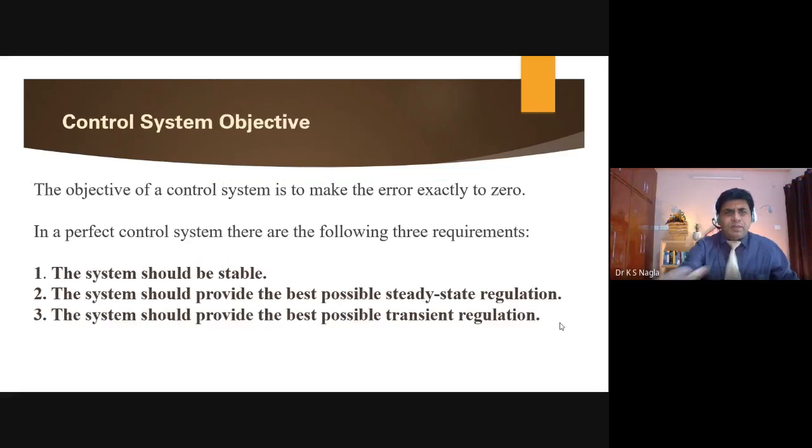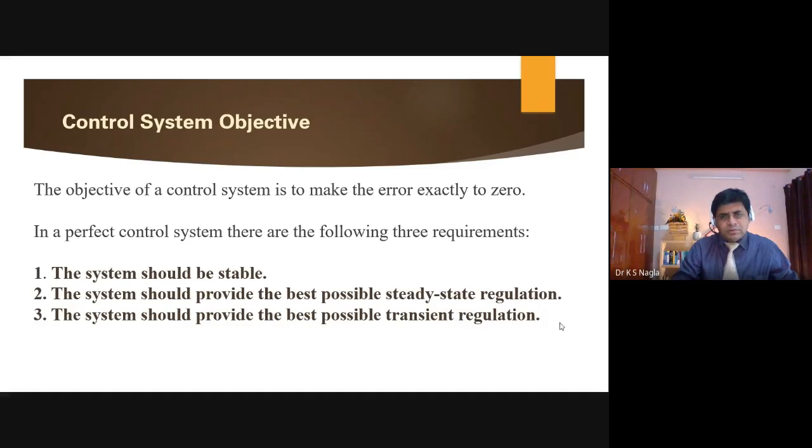So let's see some of the objectives of the control system. If you consider any of the examples, in all the examples of control systems, they have some objective. The objective of the control system is to make the error exactly zero. Ultimately, the feedback control system is running very close to the error signal.